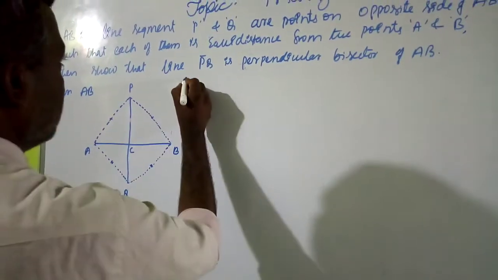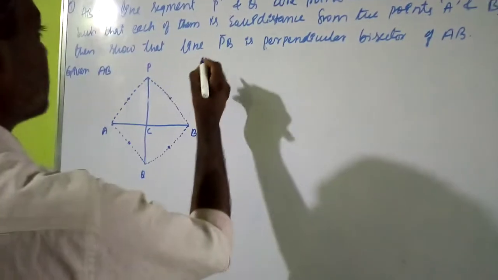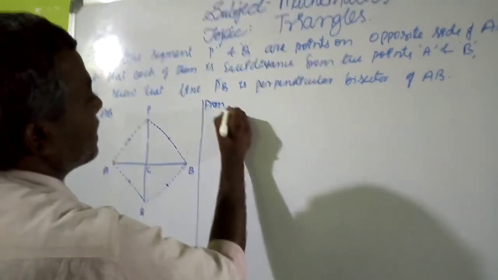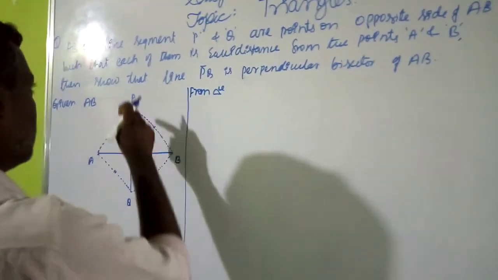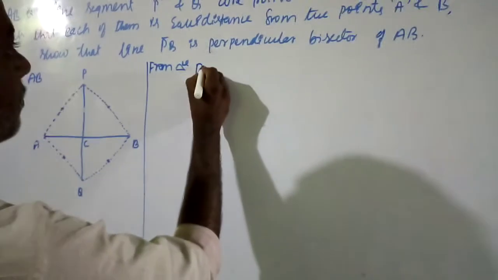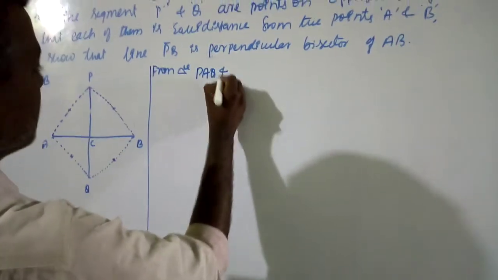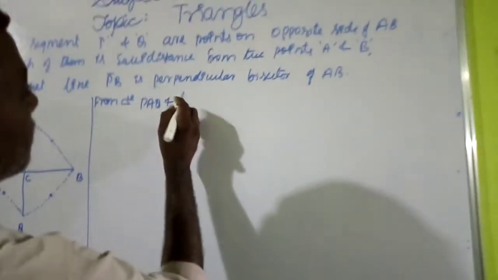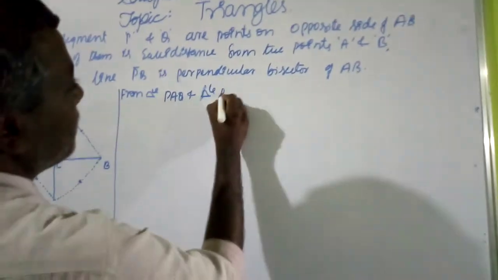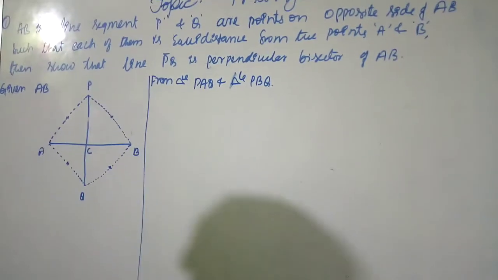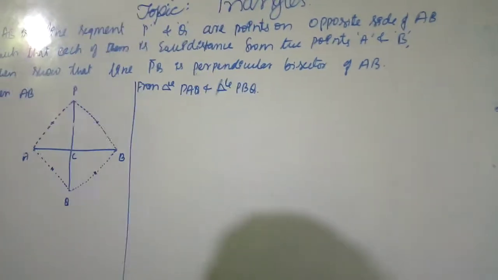Okay, so now here for this we have a solution. First, from the triangle APQ or PAQ, and triangle BPQ or PBQ, these two triangles we show for comparison.